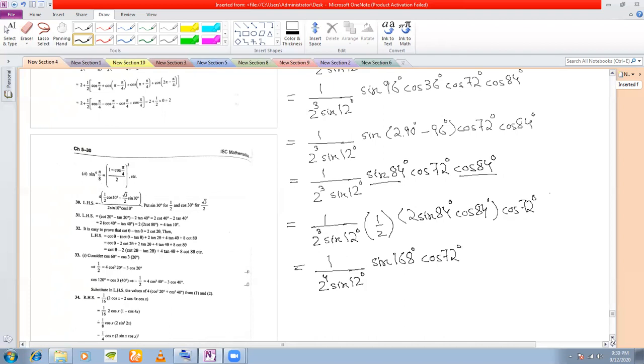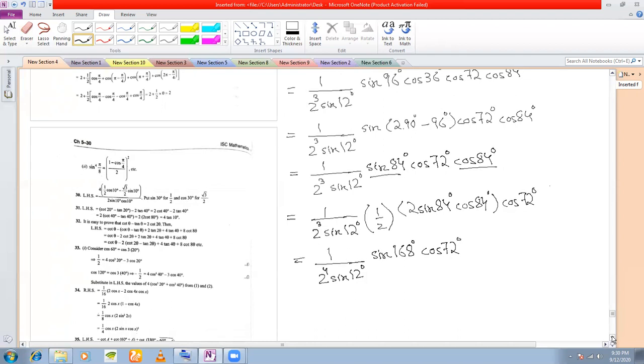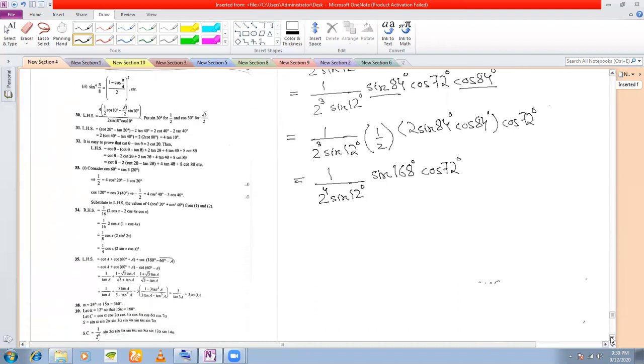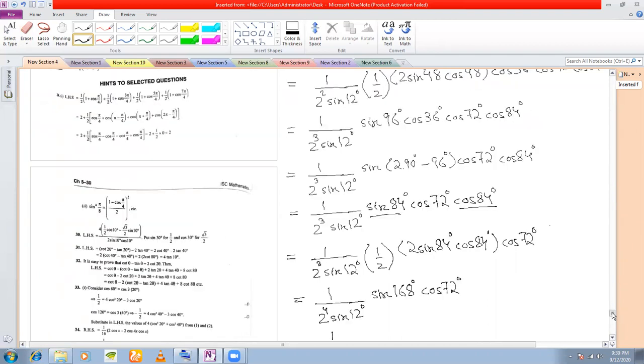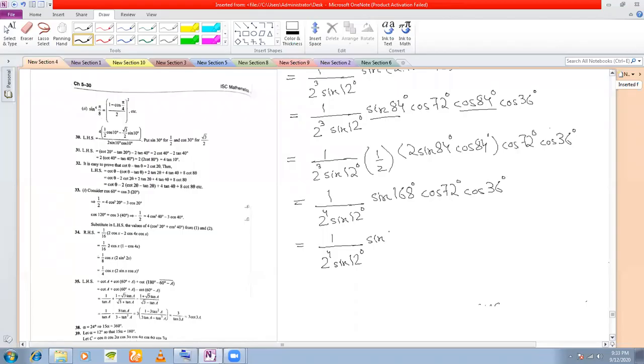168 can be written as 2 into 90 minus 12, so this will be sin 12. Have you forgotten anything here? cos 72°, cos 36°.